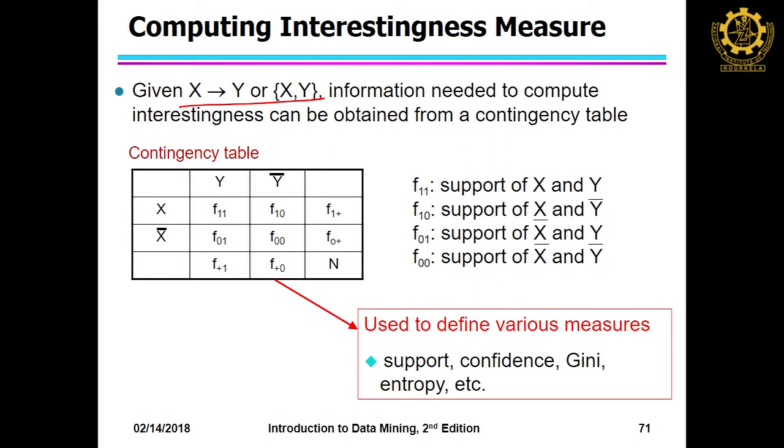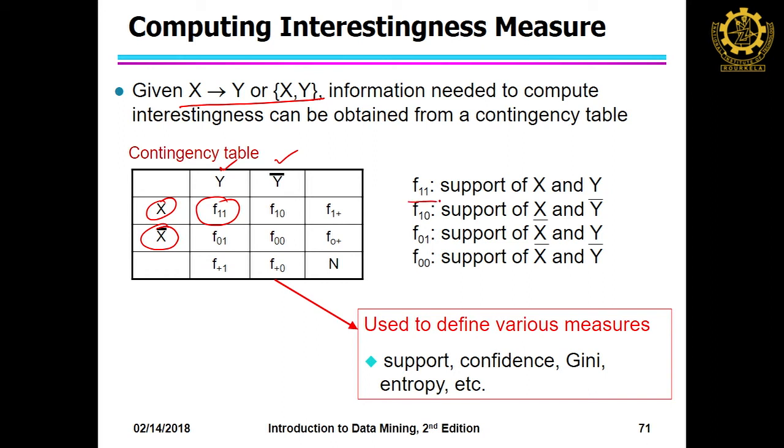What is a contingency table? We have the rule x to y. So, you write x here and not x, in the same way we did in the classification task. Similarly, y and not y. And now, this entry indicates the number of supports when x and y occur together.